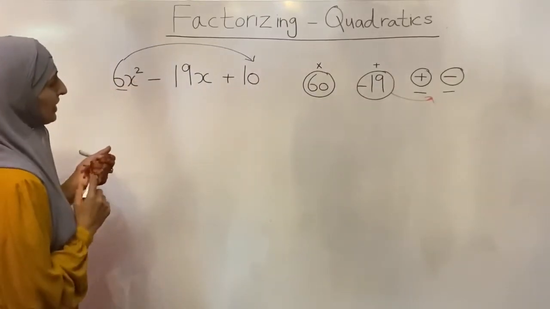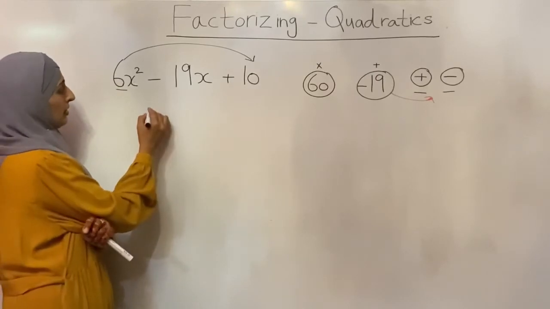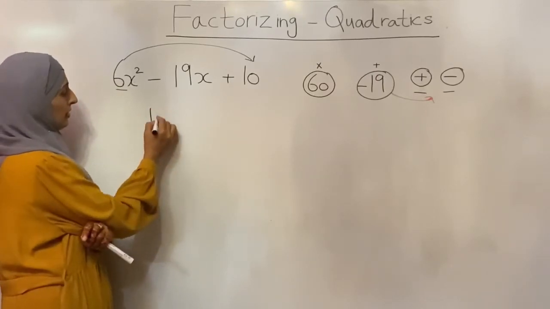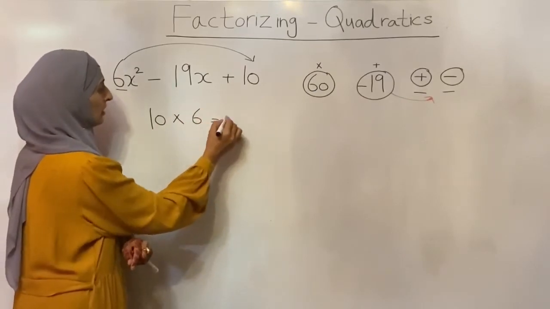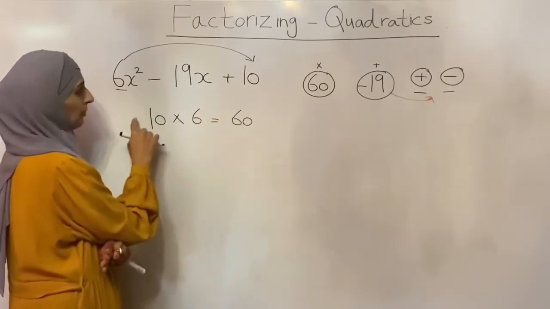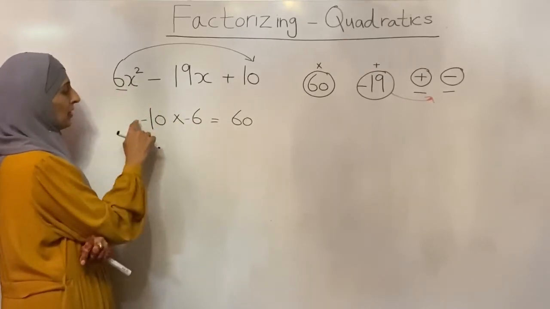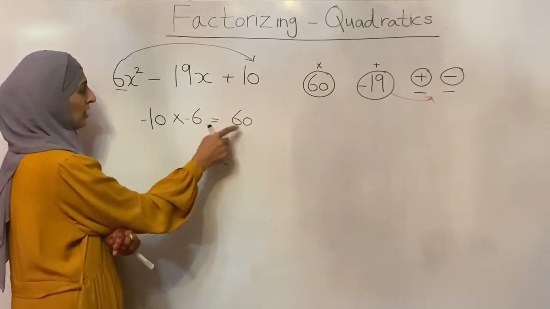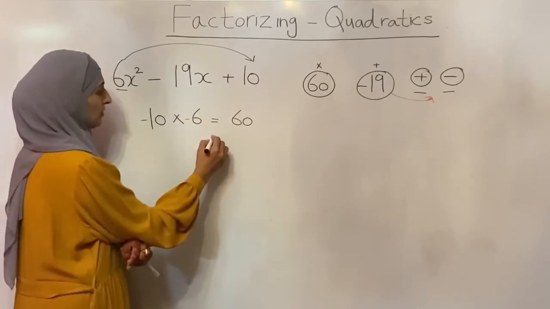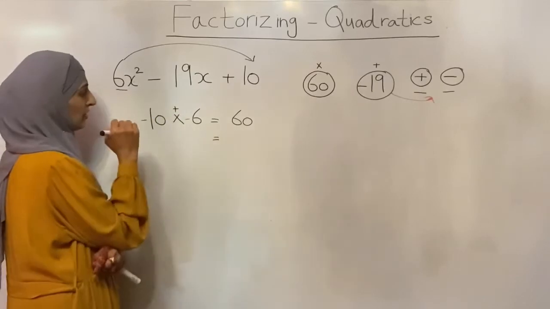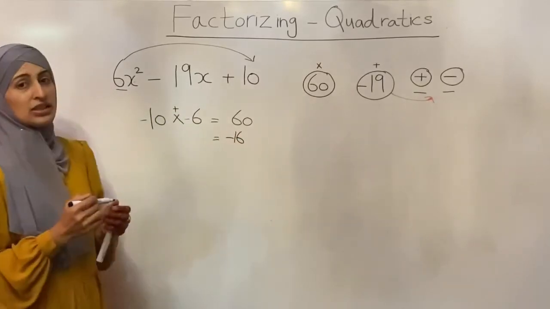60 and 19, factor pairs. 10 times 6, easy one, is 60. Both are plus signs, but the tip says minus minus. Minus 10 times minus 6 is plus 60, but minus 10 minus 6, when you add them together, is minus 16, but it's not 19.